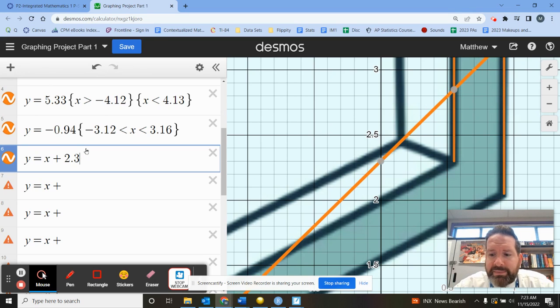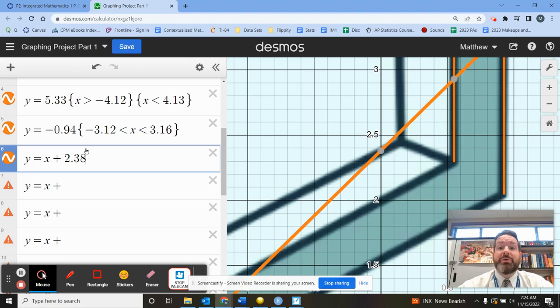That's getting closer. I want it to be kind of right in the middle. A 2.37 looks good, or a 2.38. I think either of those are okay. I think I like 7 a little bit better. And I know I'm good with my y-intercept when my diagonal line crosses the y-axis at the same height as this black diagonal line I'm trying to match.